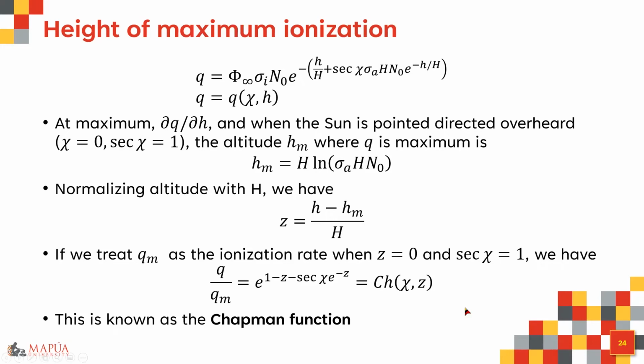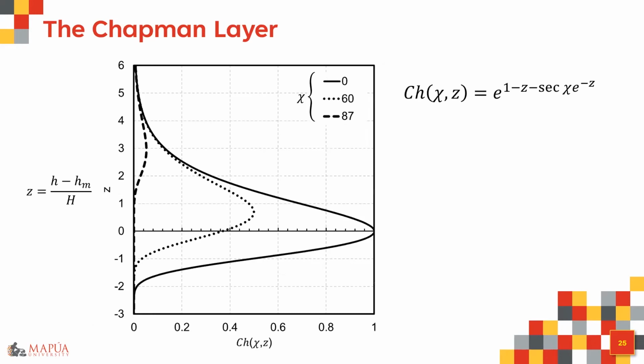As I mentioned earlier, this will depend on the zenith angle as well as the height. So if we graph this function at different angles, let's say at chi equal to 0, so the sun is at the zenith direction, then at 60 degrees zenith angle, and then towards sunset at, let's say, 87 degrees, you end up with this graph.